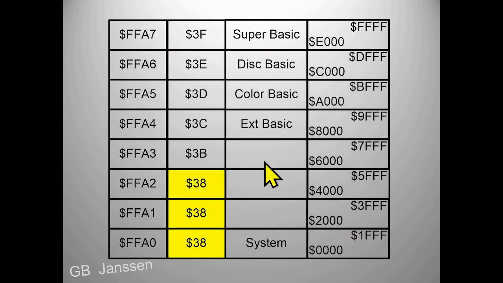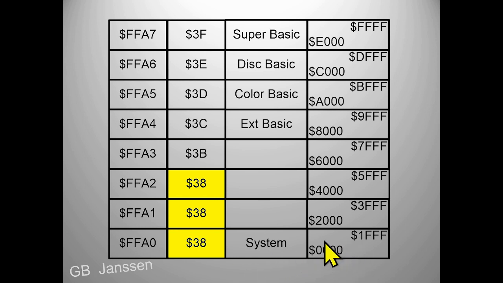What we're going to do with our assembly language program is store 38 in MMU registers FFA1 and A2. So now all three of these address spaces are pointing to, remember, our physical memory. All three will be pointing to the same physical memory block.